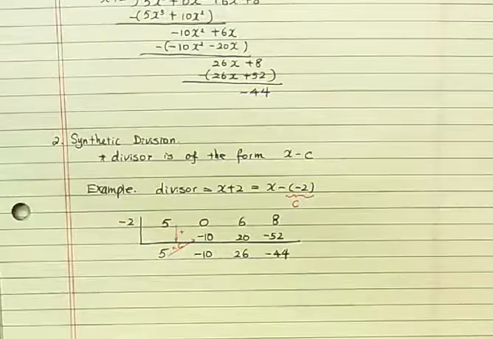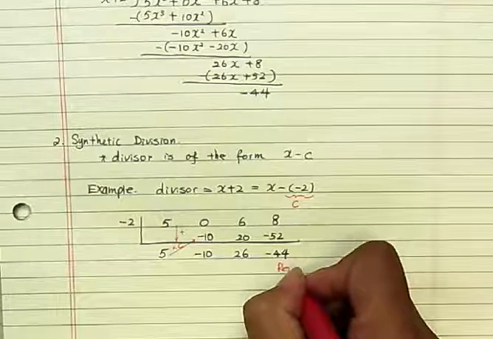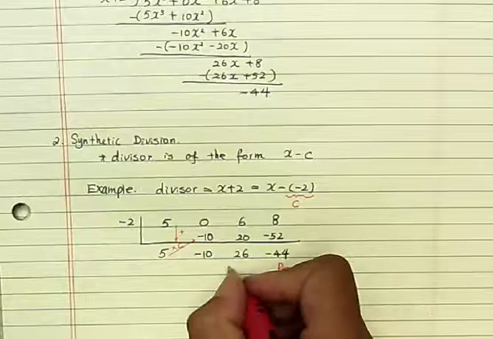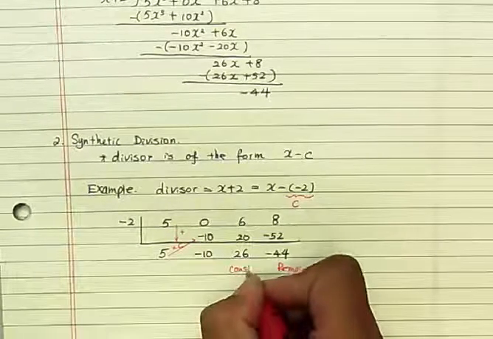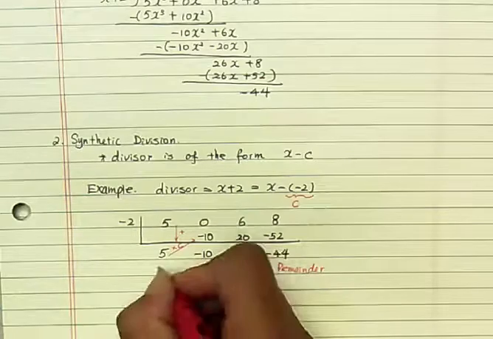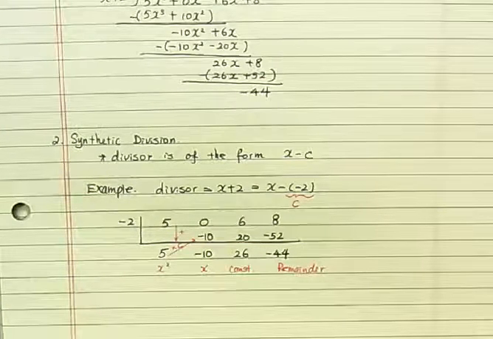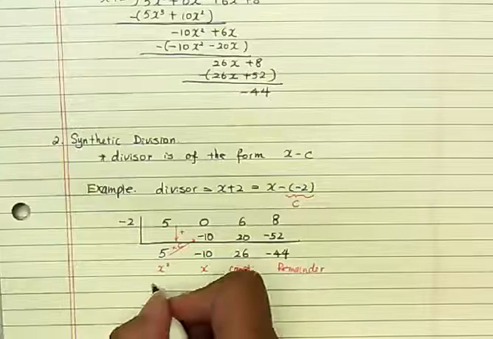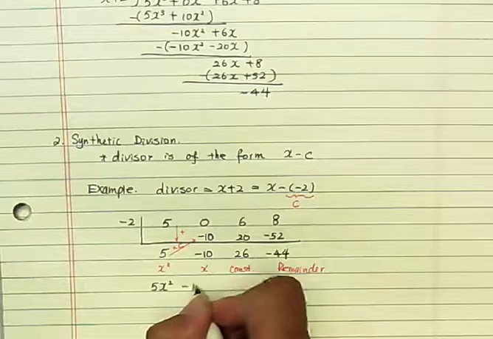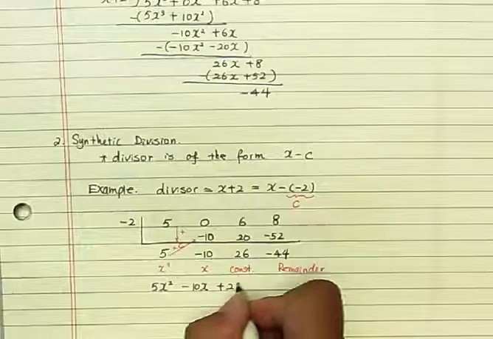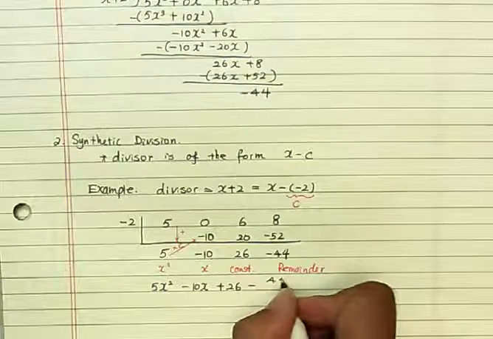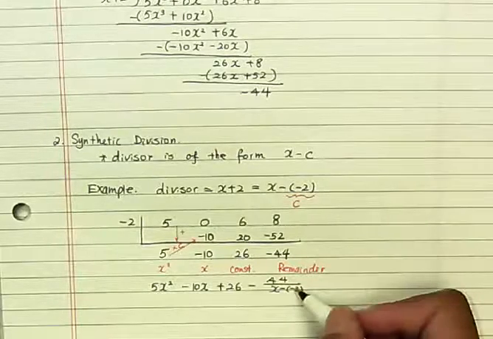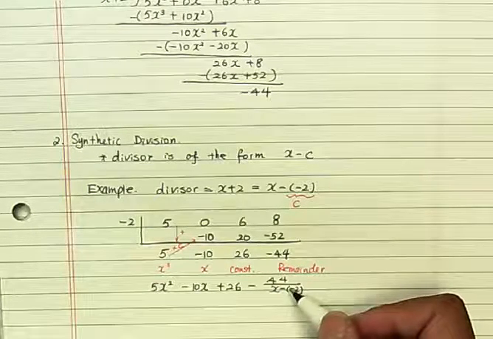So this will be your remainder. The next ones are the constant, the x coefficient, and the x squared coefficient. So you get 5x squared minus 10x plus 26, plus the remainder over the divisor. And you can see we get exactly the same solution as above.